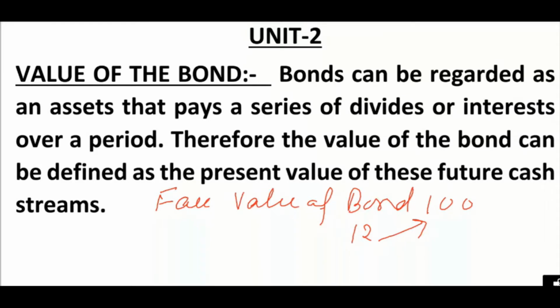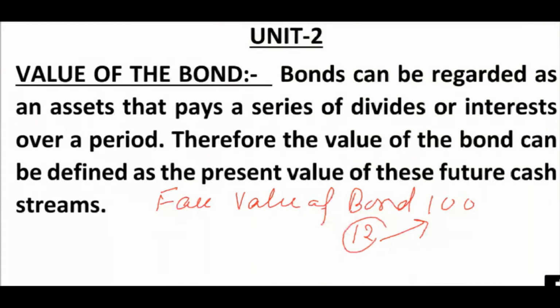If the period is, suppose, 3 years, these 12 rupees you can keep reinvesting somewhere, so you will get some interest. That is also the value of the bond. So in the value of the bond, whatever 12 rupees you are getting as interest, and finally after 3 years whatever amount you are getting, we have to calculate in present value.